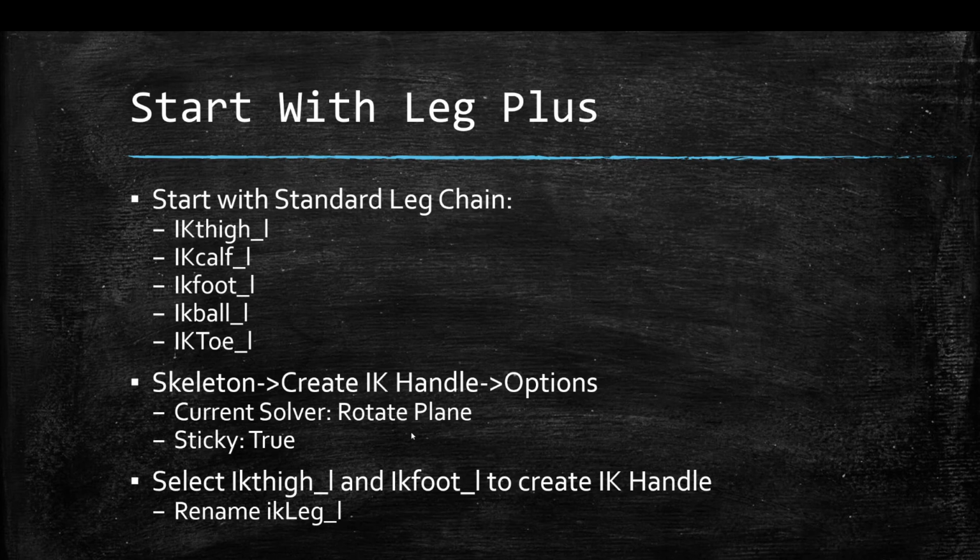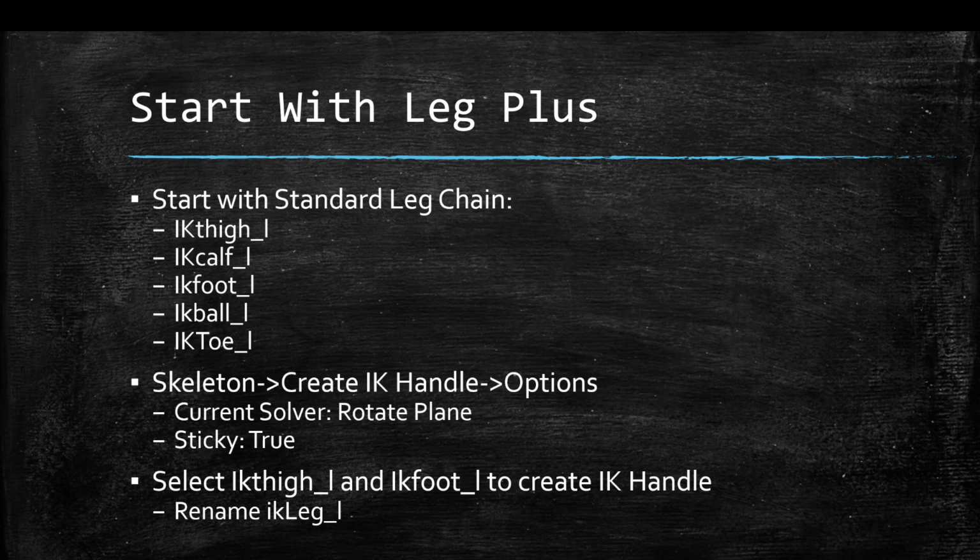So what we're going to want to try to do is redo the IK-FK, but we're going to do an extra step, and put an extra IK handle on the foot. We're going to start with the leg, and make sure that not only do we have the foot joint, but we also have a ball joint and a toe joint on here.